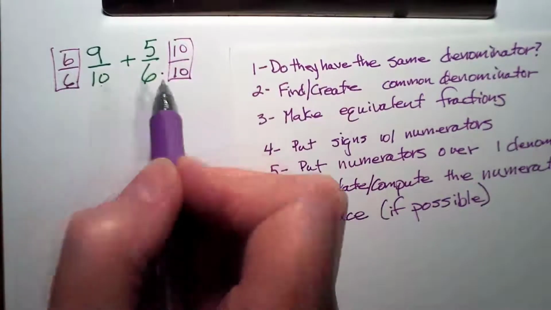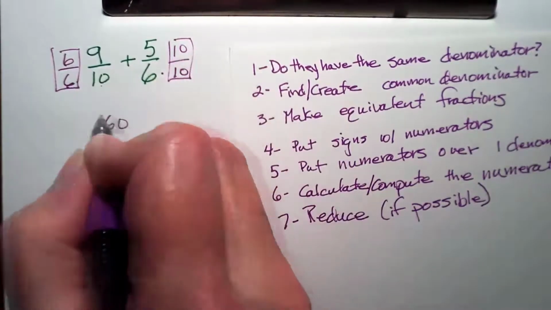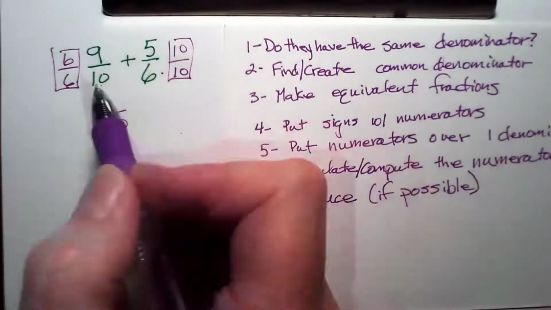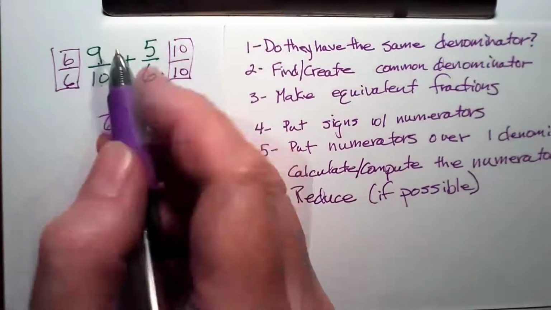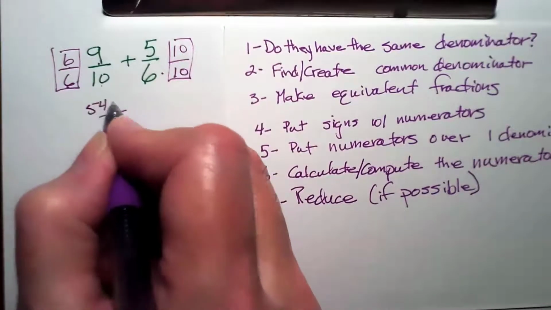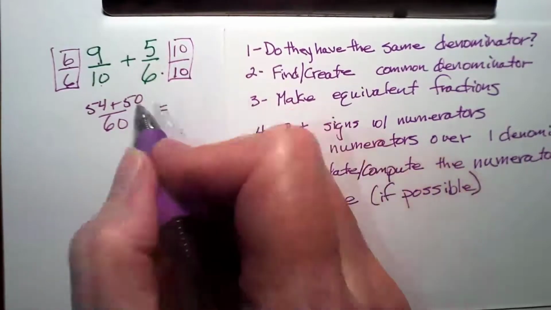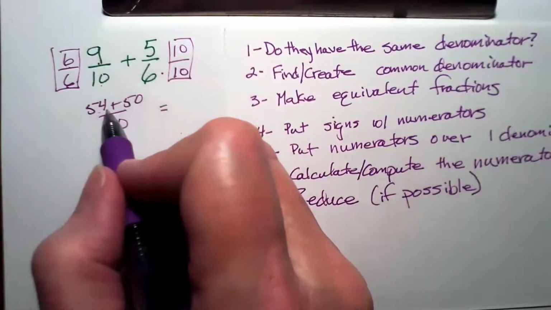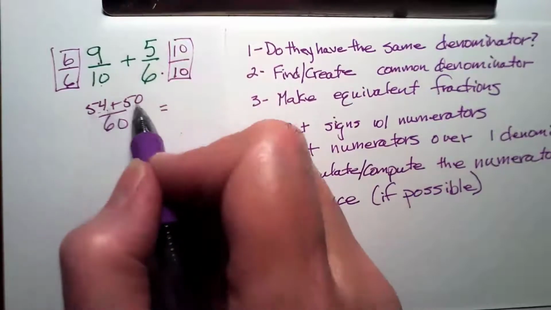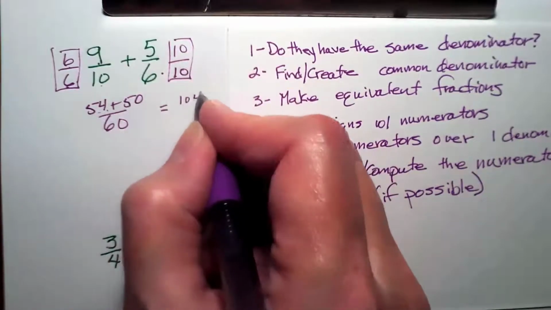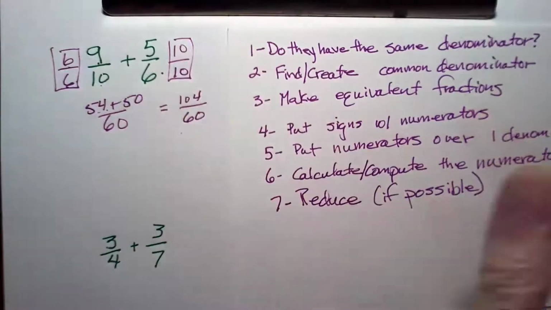So 6 times 10 is 60. So my denominator is 60. 6 times 9 is 54. Plus 5 times 10 is 50. So my numerator is going to turn into 54 plus 50, which is 104 over 60.